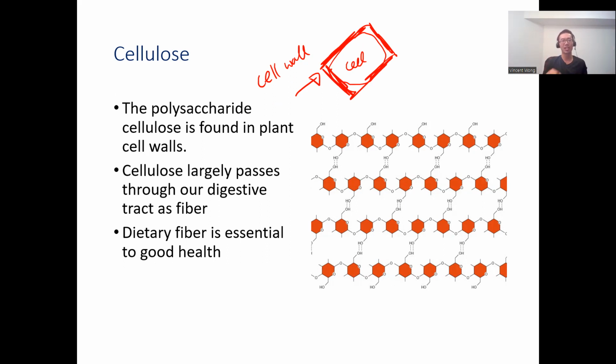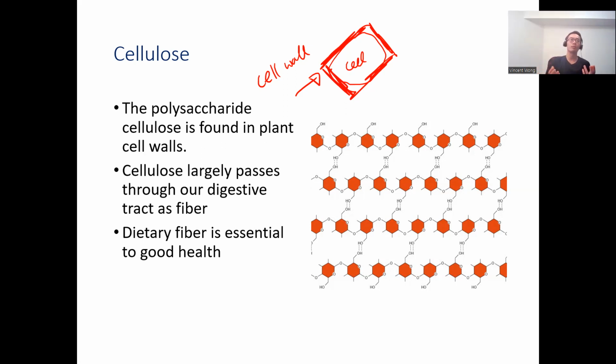When you eat a celery stick, it's crunchy. That's the cellulose from the cell wall. The tree bark, right? We don't eat that, but that's also a form of cellulose. Even though we don't digest cellulose, it's very important to have fiber in our diet. Dietary fiber is essential to help your intestinal tract move along.